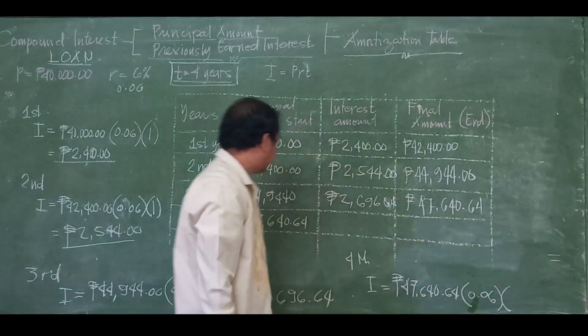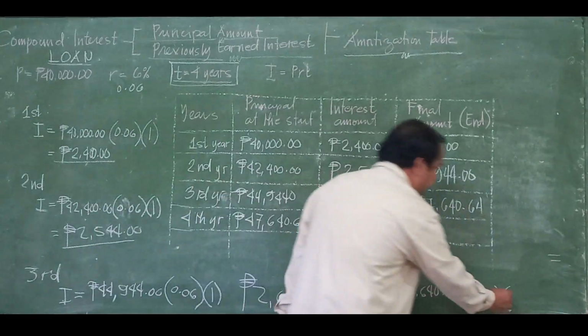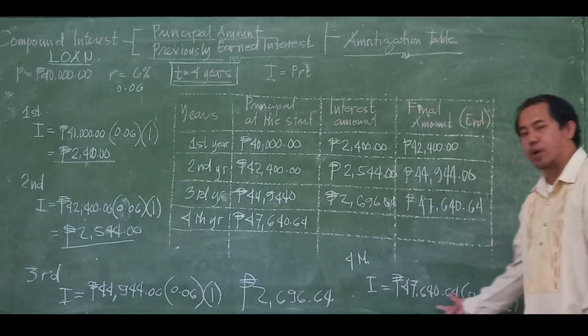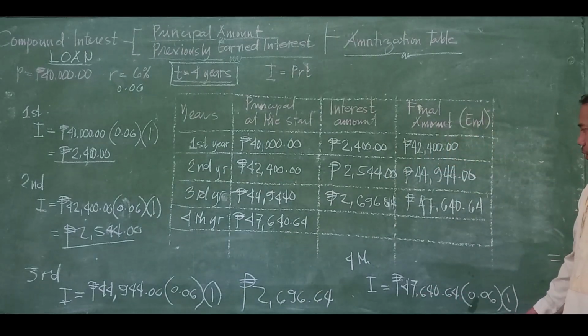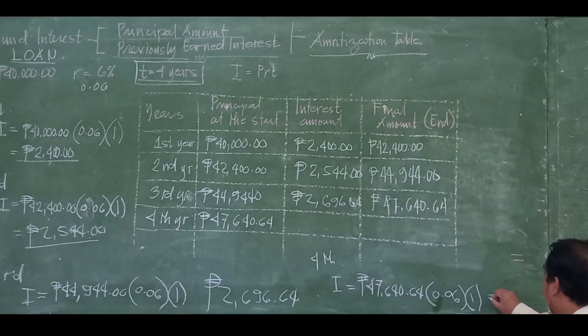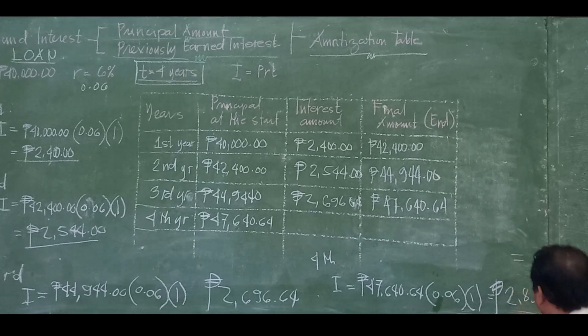Again, 1 year, multiplied by 1. Would you mind to press that in your calculator? 2,858.44. Okay, that one.